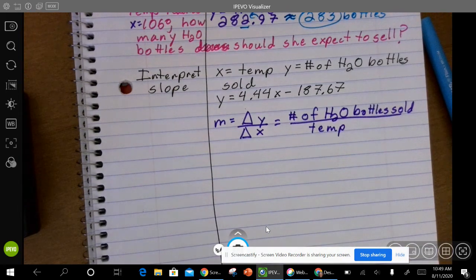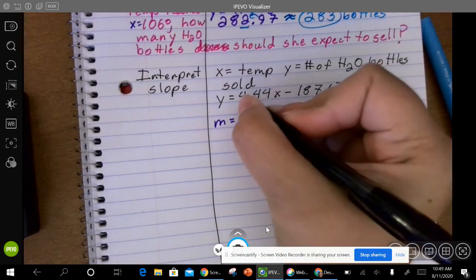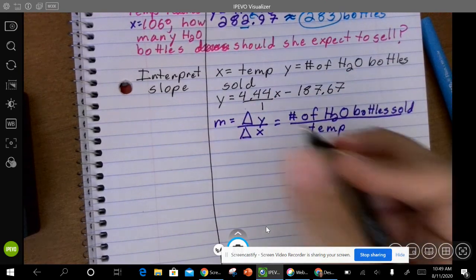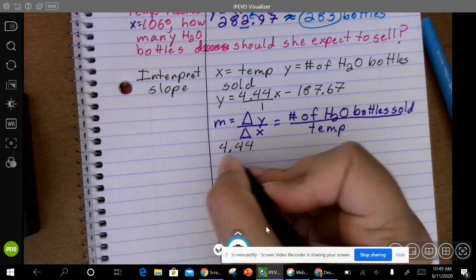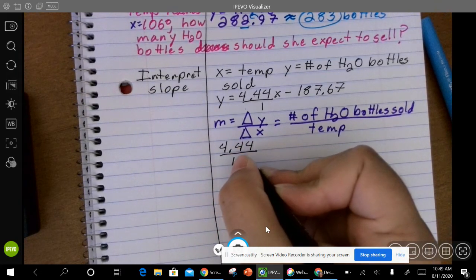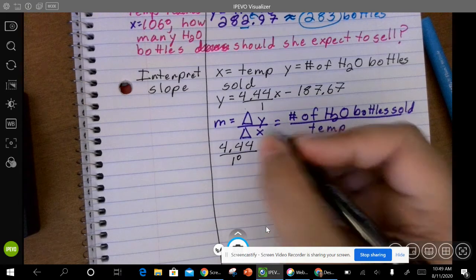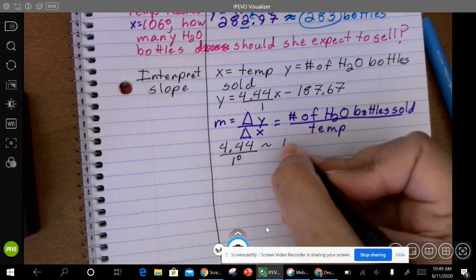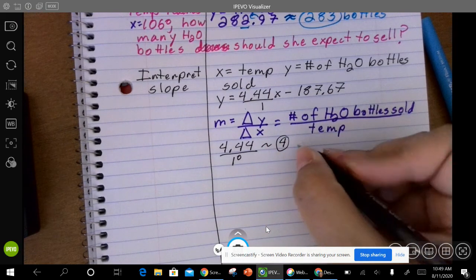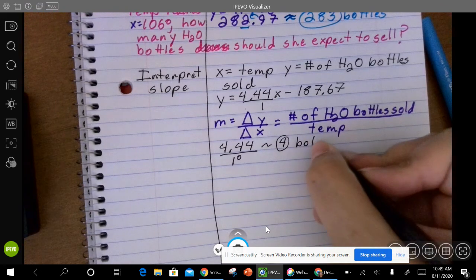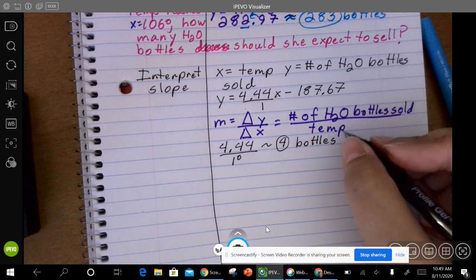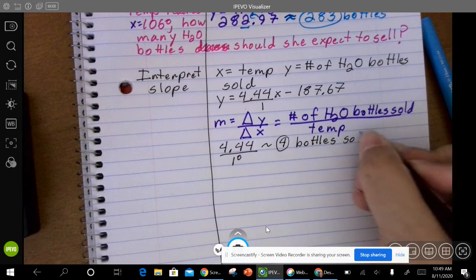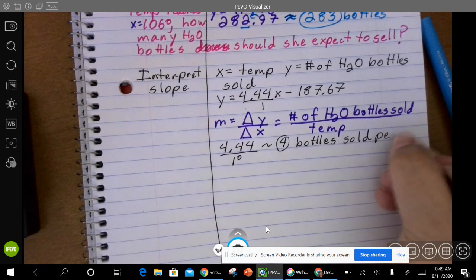We're always going to put whole numbers over 1, everybody. So that means 4.44 bottles over 1 degree, approximately 4 water bottles. So Sophia is going to sell 4 more water bottles per 1 degree increase in temperature.